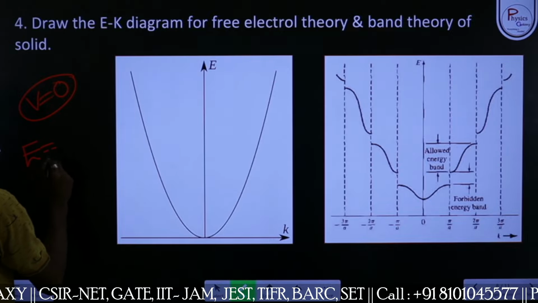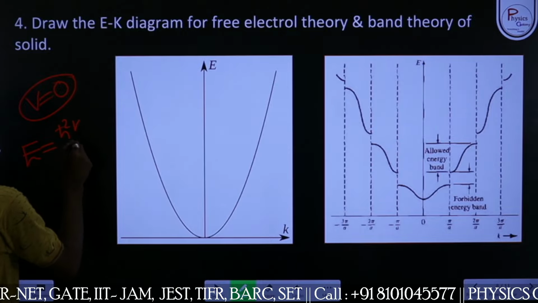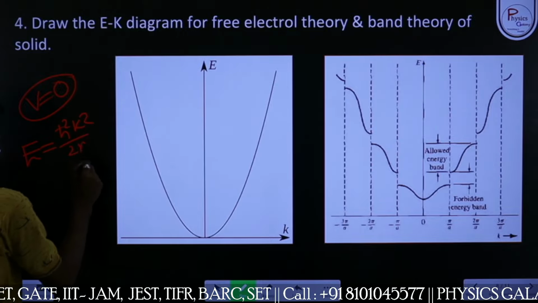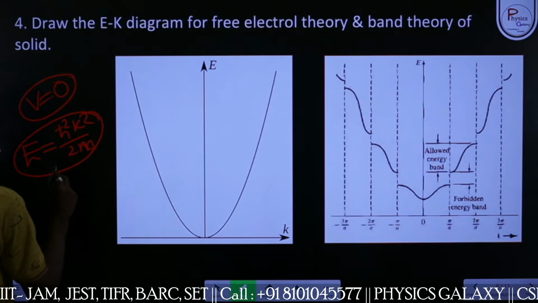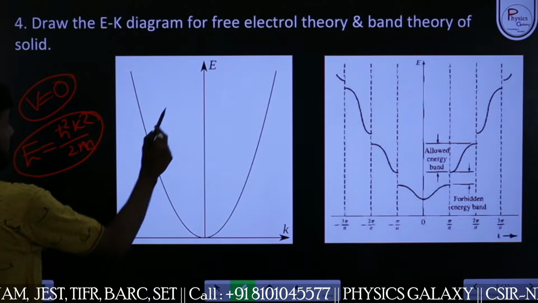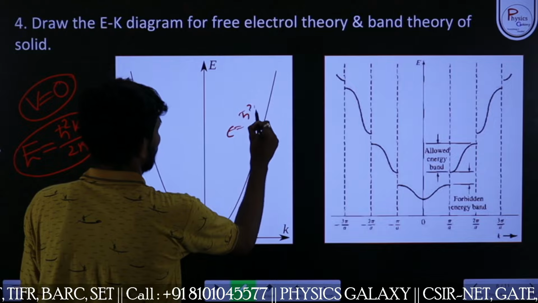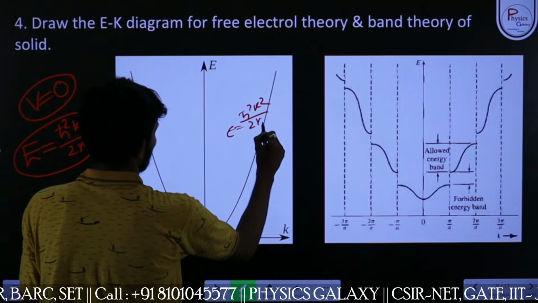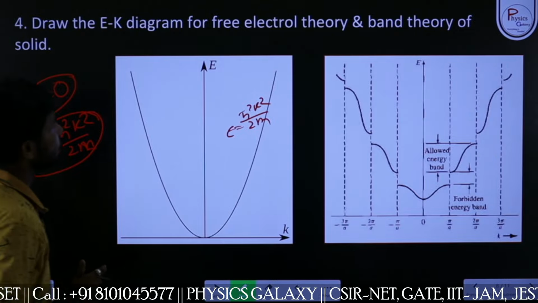So the energy is E equals h-bar squared k squared by 2m. In free electron theory the relation is a parabola.